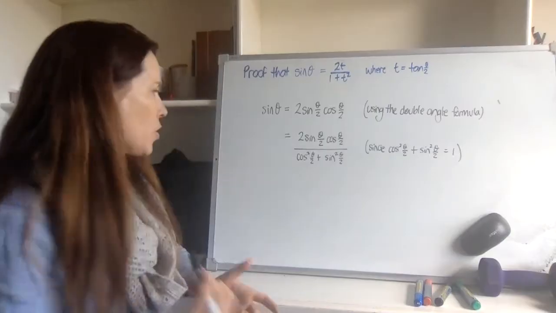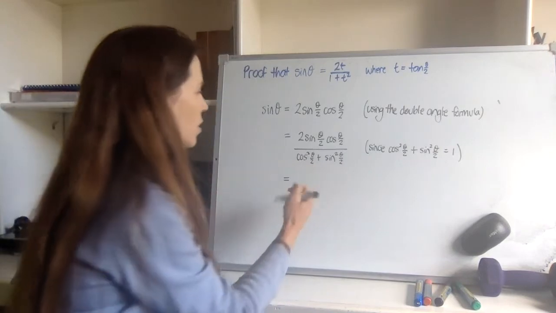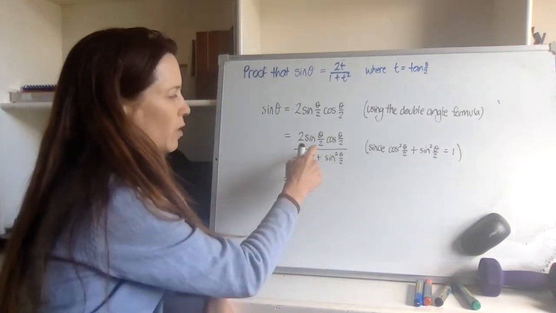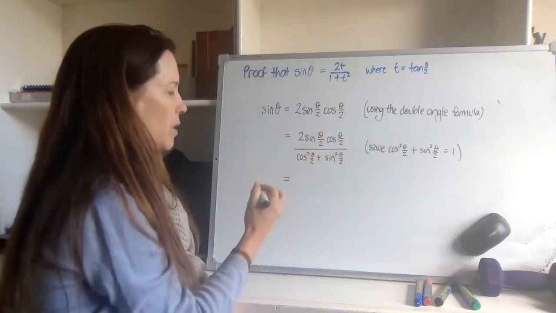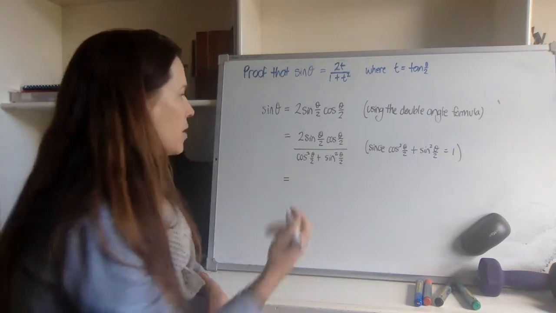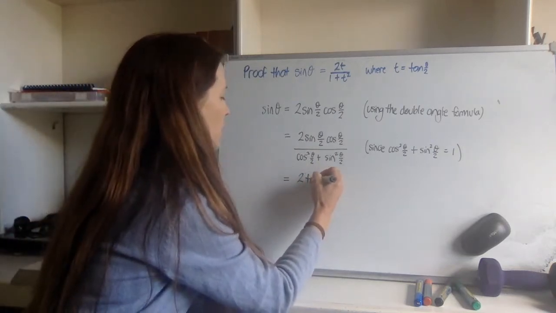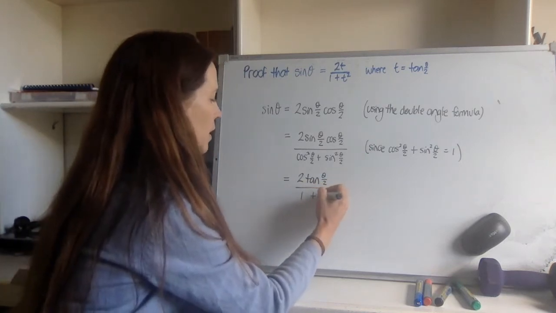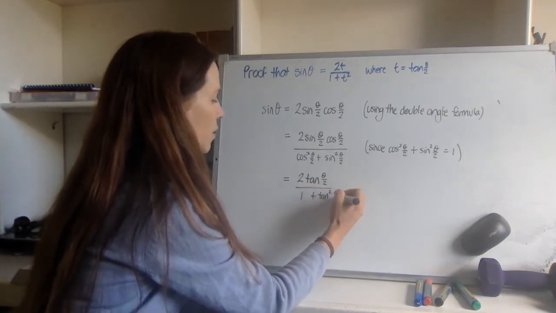So now let's go ahead and make that division, dividing all of this by cos squared theta on 2. One of my cos's down the bottom is going to cancel with this one, and I'm just going to have 2 sine theta on 2 over cos theta on 2. So it's going to give me 2 tan theta on 2 over 1 plus tan squared theta on 2.